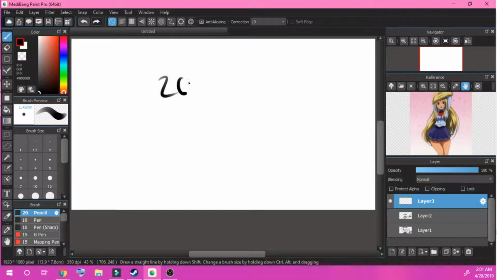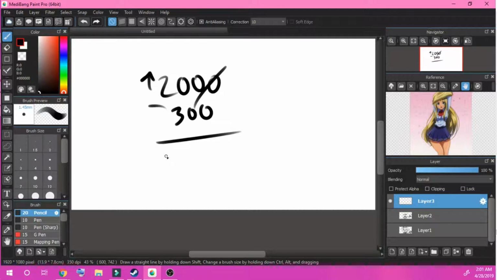Right. So we go up one, get rid of the decimal place, which is 300 minus that. That's gonna be 1,700. Right. And then we're gonna convert this to USD. Gonna be $17.